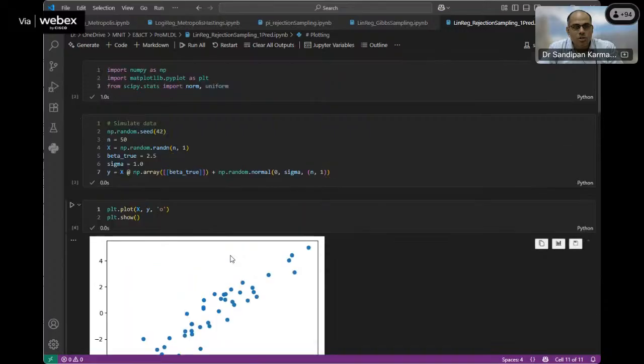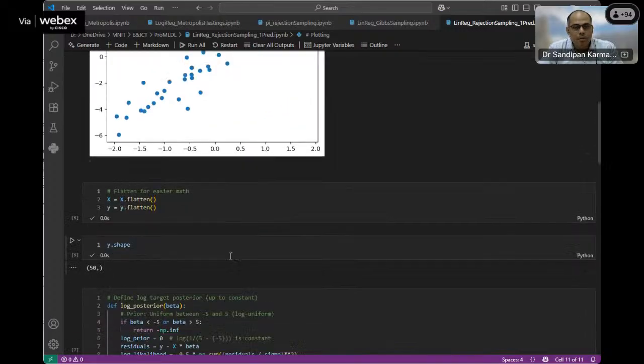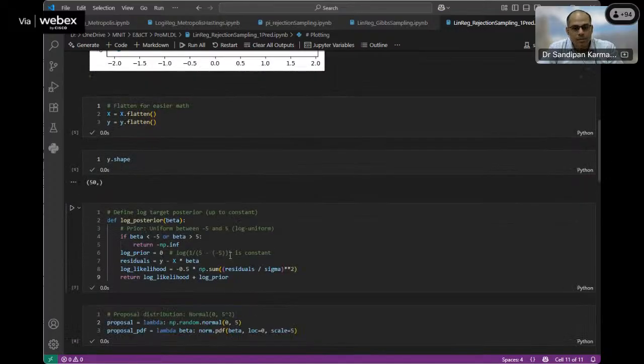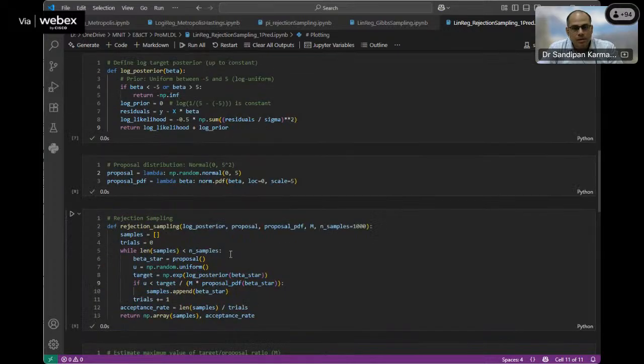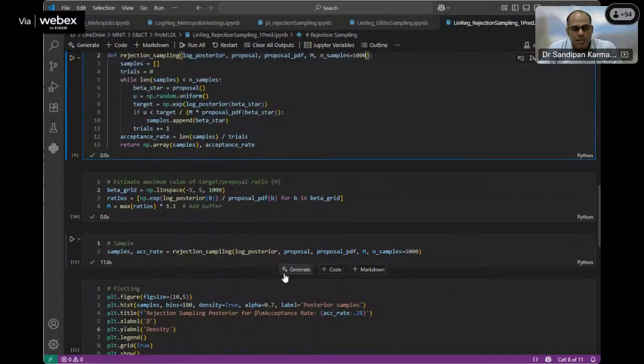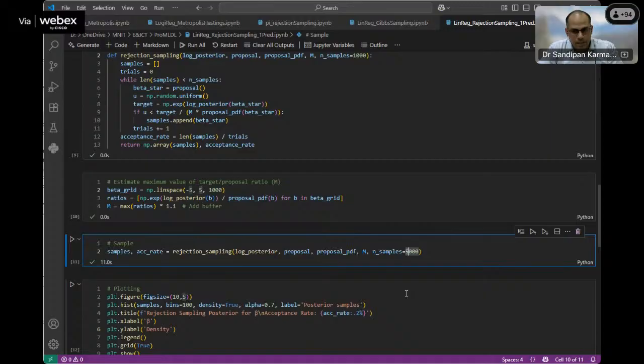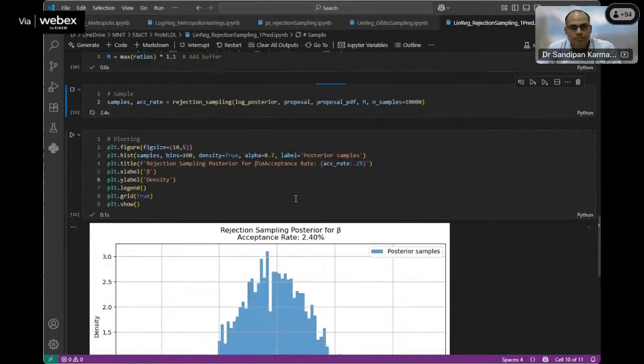So let me increase the number of samples. Here n samples I have taken as 1000, instead of 1000, sorry, 5000 I had taken. Instead of 5000 I am taking 10,000. So 10,000 samples let me generate.